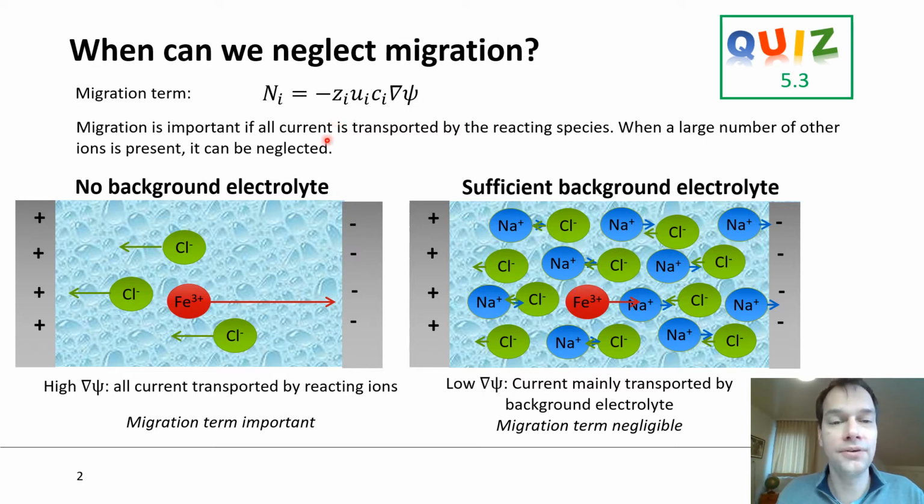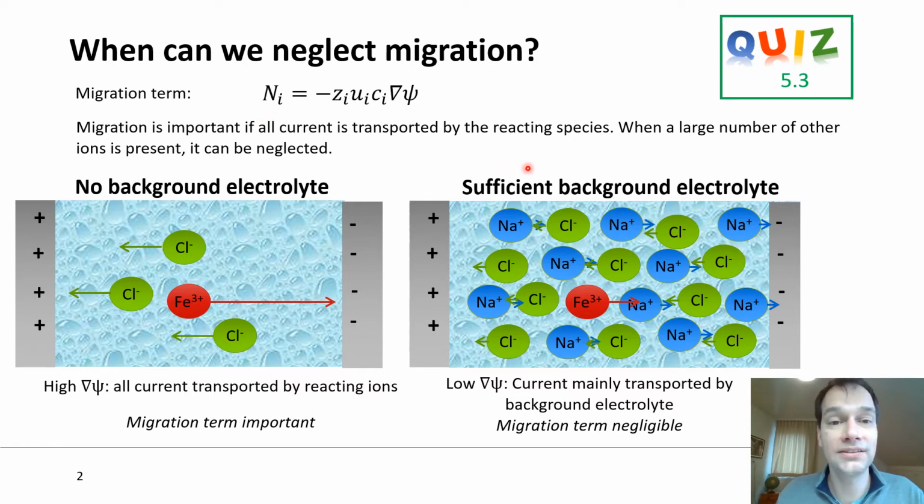Now, if you have this situation, you don't have so many ions, and as a result you have a relatively high ohmic resistance and also a large potential difference between the plus and the minus electrode. This means that this term is relatively large, and also as a result the migration term is relatively large.